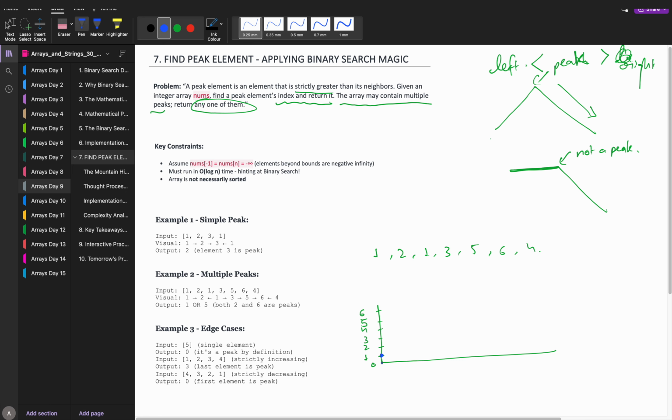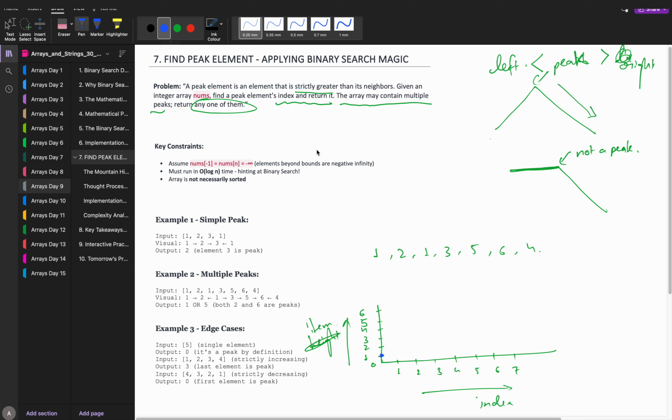So my zeroth item would be here. This is my index, and this is height, or you can say item. This is my index: zeroth index, first, second, third, fourth, fifth, sixth, seventh, and so on.